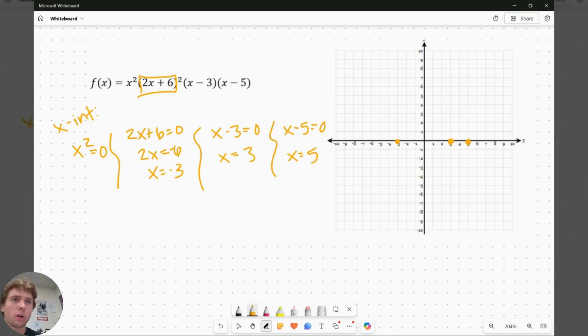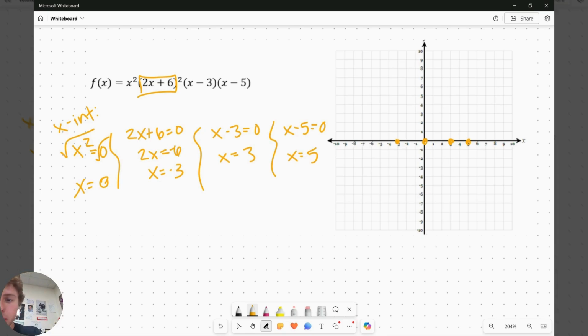Because if you have 0 divided by something or 0 times something, or in this case, the square root of 0, you're still just going to get 0. So if there's ever just an x in the front, you should be able to immediately tell the x-intercept is 0.